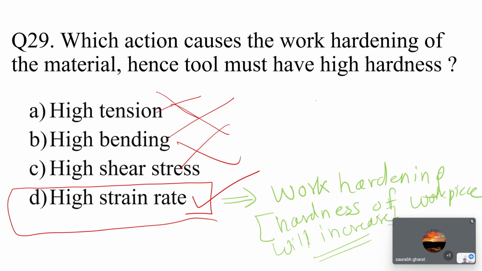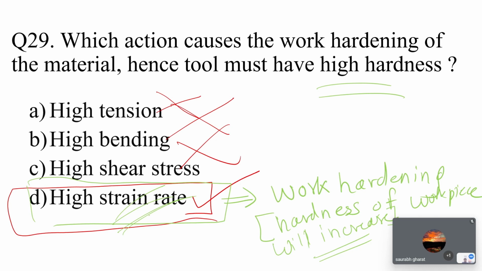The tool must have high hardness because of the high strain rate. The work will get strain hardened, and due to this effect we need a harder tool, say 30 to 50% more, to compensate for the hardening of the material. This is the correct answer here, because in the case of the tool, nothing is happening. The force will not do it, and at maximum the temperature will be there, but shearing is not taking place in the tool.